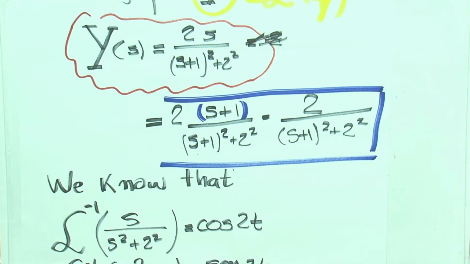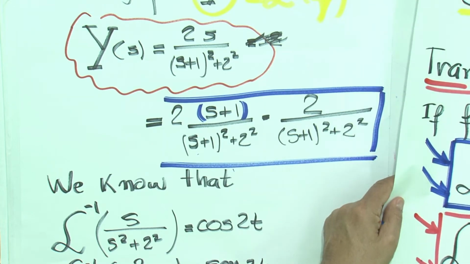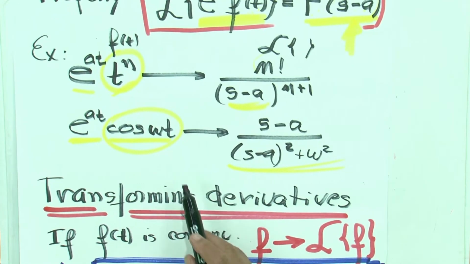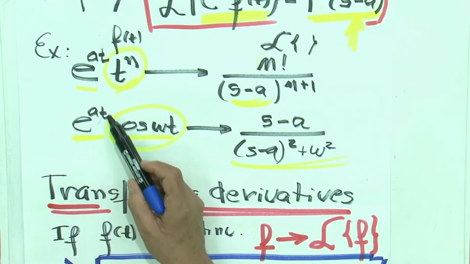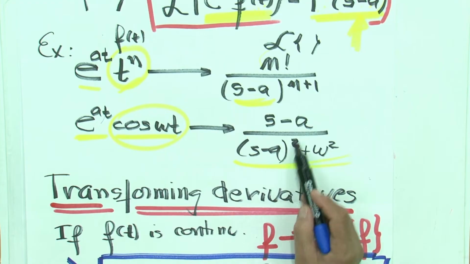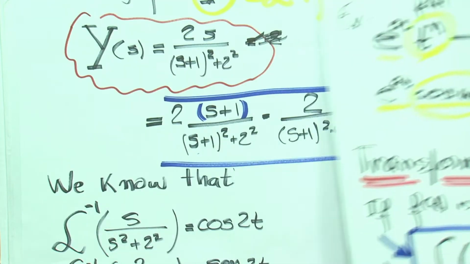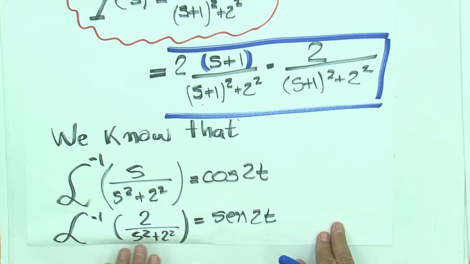Remember, I showed you in the properties in the last lecture that when we multiply by something, it is displacing the s in the function. We know part of the things here.